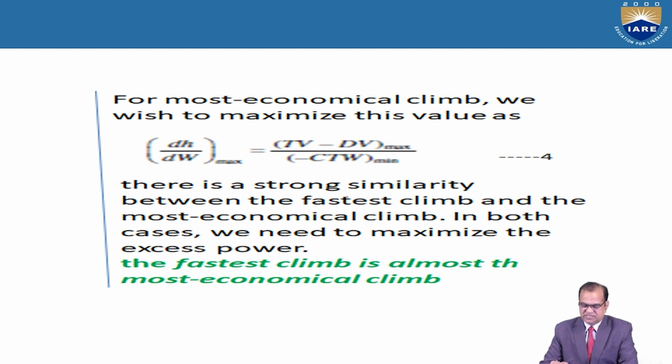There is a strong similarity between the fastest climb and the most economical climb, because in both cases we need to maximize the excess power. Here TV minus DV is the excess power.